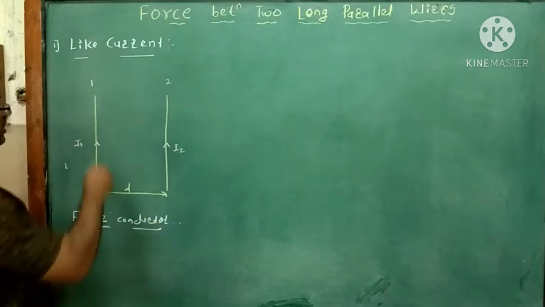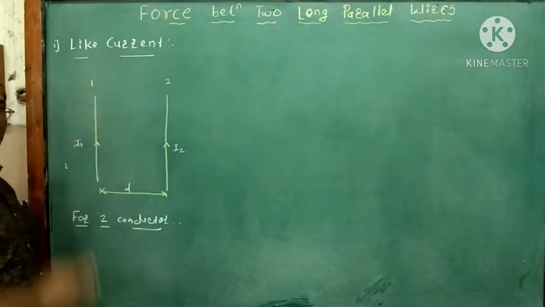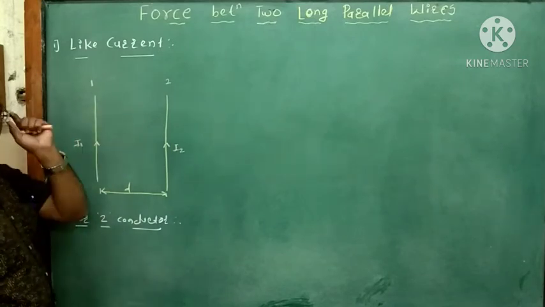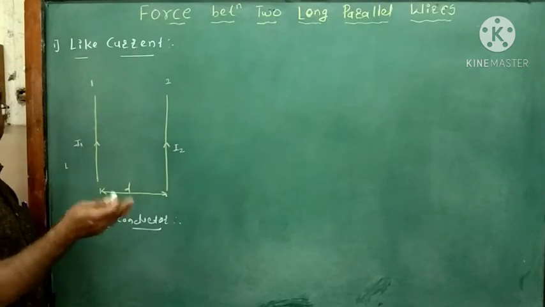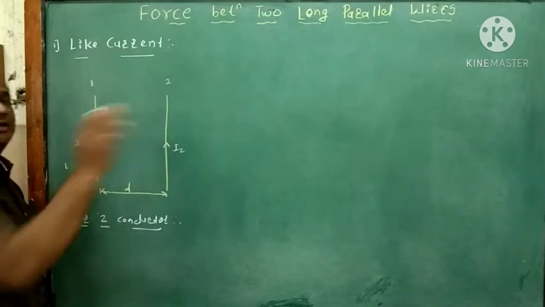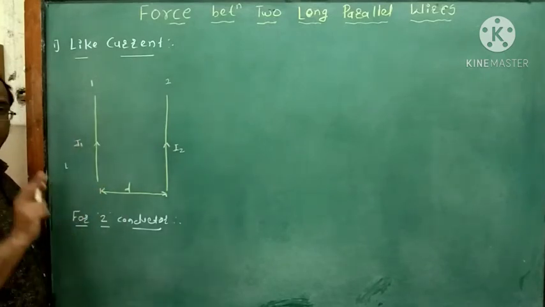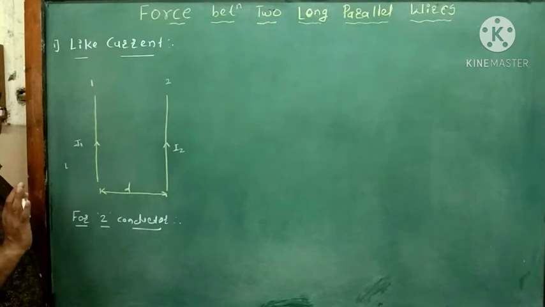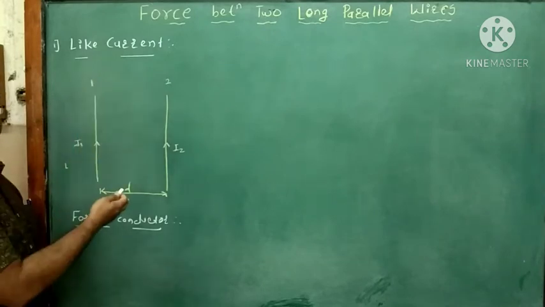See here, through the first conductor I1 amount of current flows. We know that if current is flowing through a conductor, then a magnetic field is produced near it. We have already seen that equation.